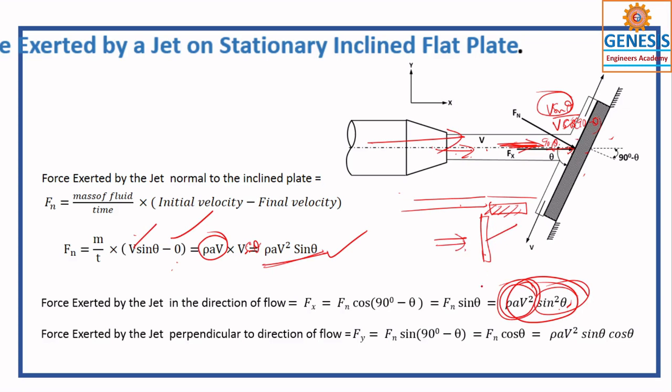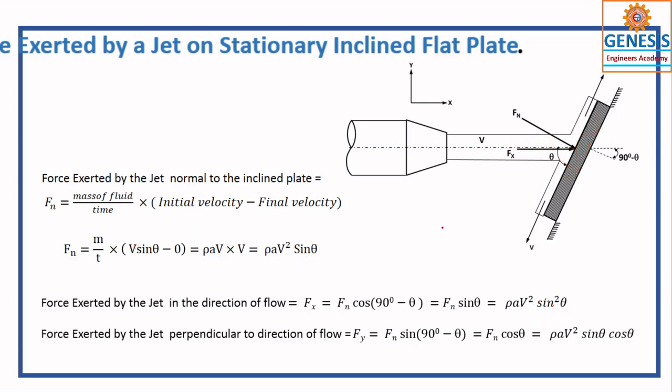So the force which moves this plate is rho a v square sin square theta. If theta is equal to 90, then this plate will become vertical. Sin 90 is equal to 1, so this becomes rho a v square. Just now we have derived this in the previous case.